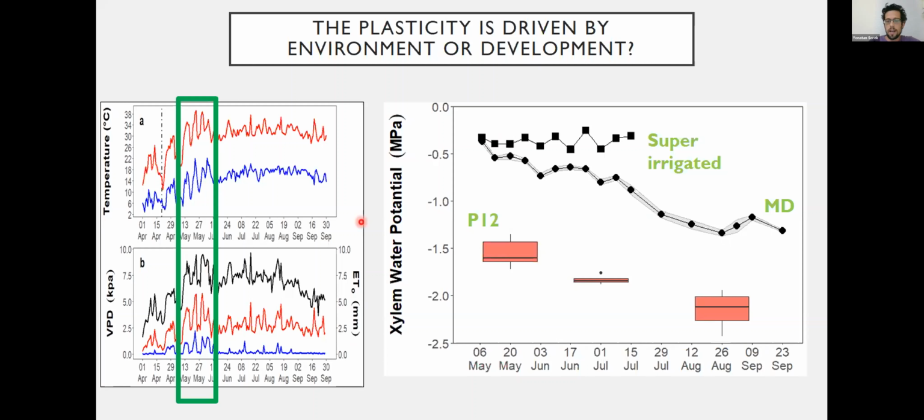Because of that, here you can see the blue box plot, the super irrigation also decreased the vulnerability to cavitation in the leaf over the season. And we assume that it's because of the development and not because of any environmental stress.